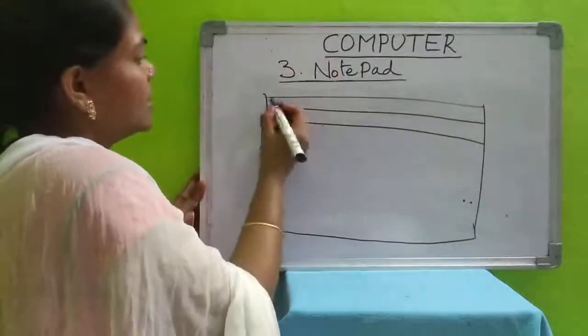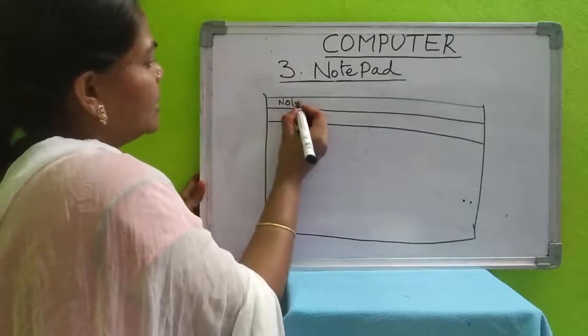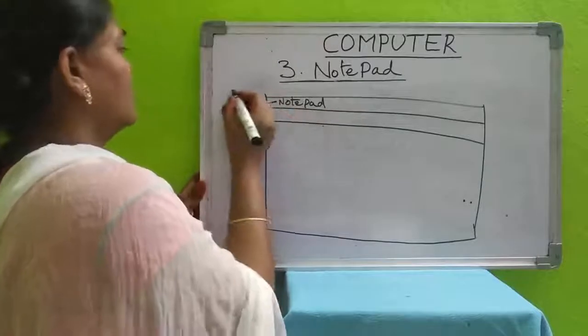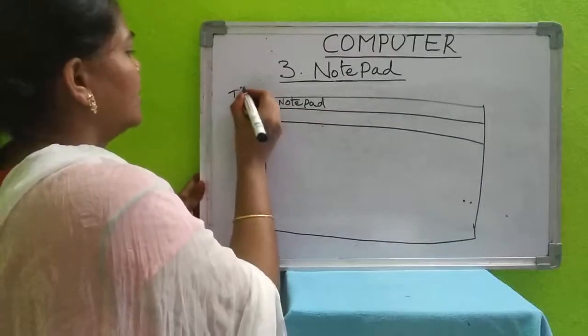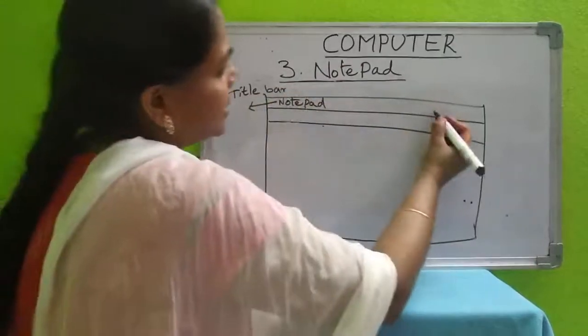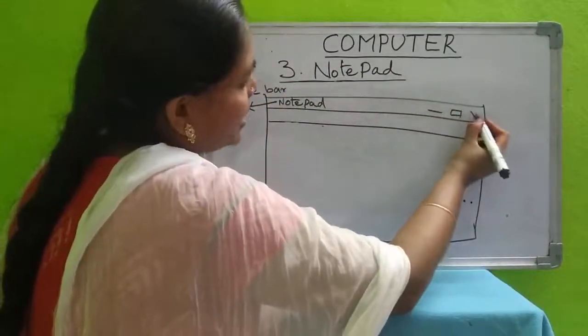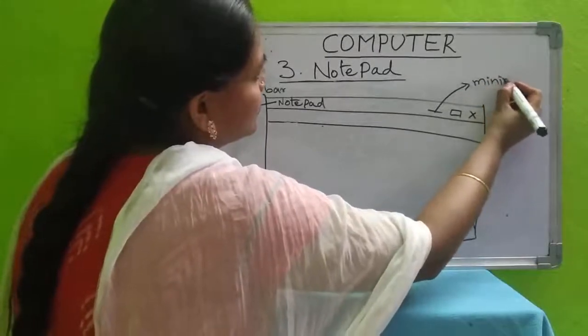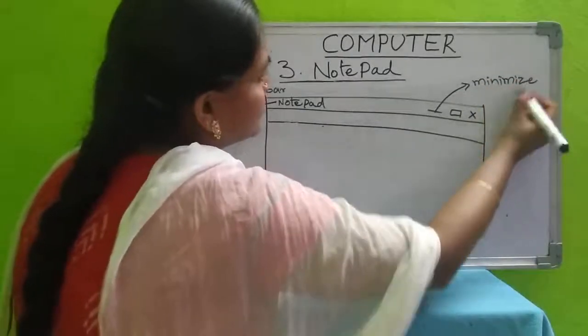This is the title bar. Here the name of this Notepad is displayed. Here we have 3 buttons: minimize, maximize, and close.